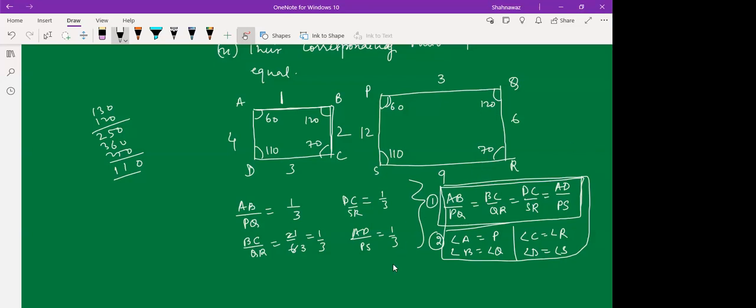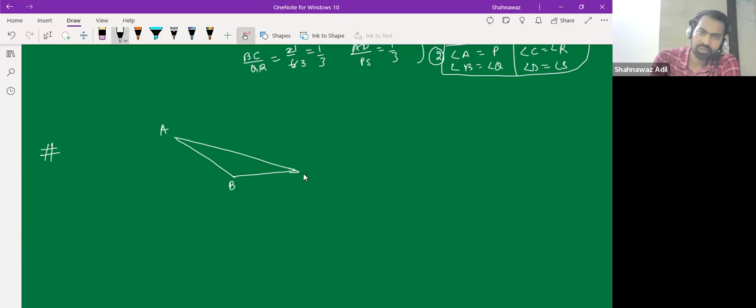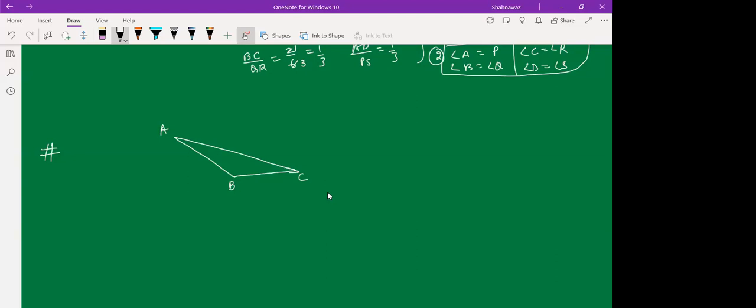Now let us recall one thing about triangles. Let's say I have this triangle, right? How many vertices does this triangle have? 3.